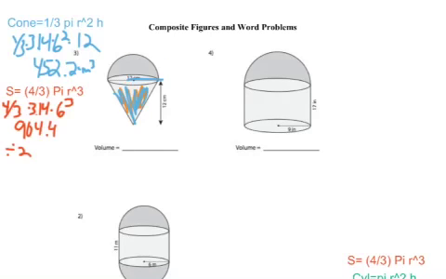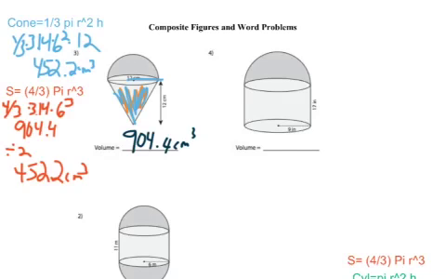Now we end up getting 452.2 centimeters cubed. So now I add my 452.2 and my 452.2, and I get 904.4 centimeters cubed.